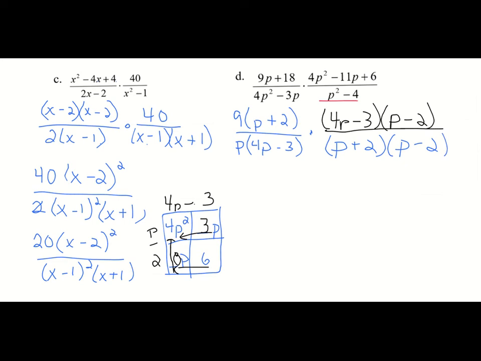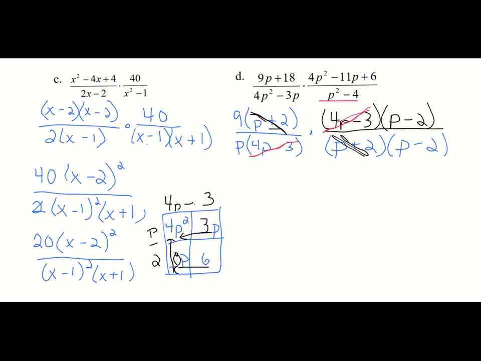Okay. And now really what we need to do to simplify this is look for common factors that we can simplify or divide out. So the same thing on the top and the bottom. Right here I see p plus 2 on the top, and I have one on the bottom. So those can be canceled out. I also see I have 4p minus 3 on the bottom, and I also have that on the top.